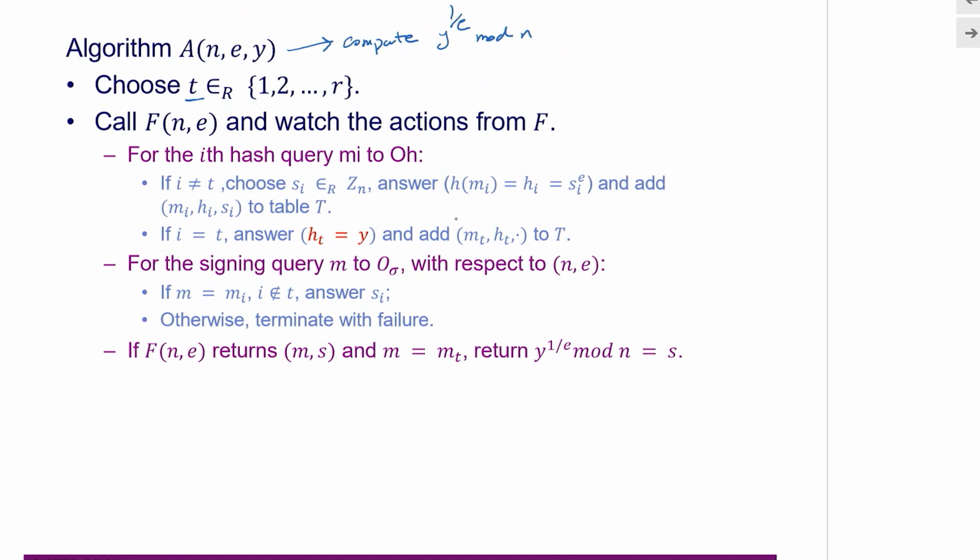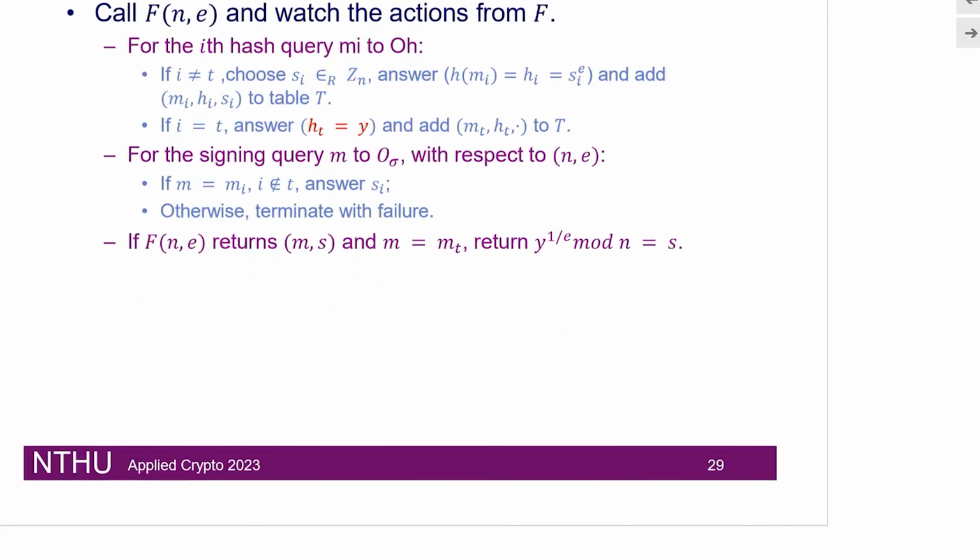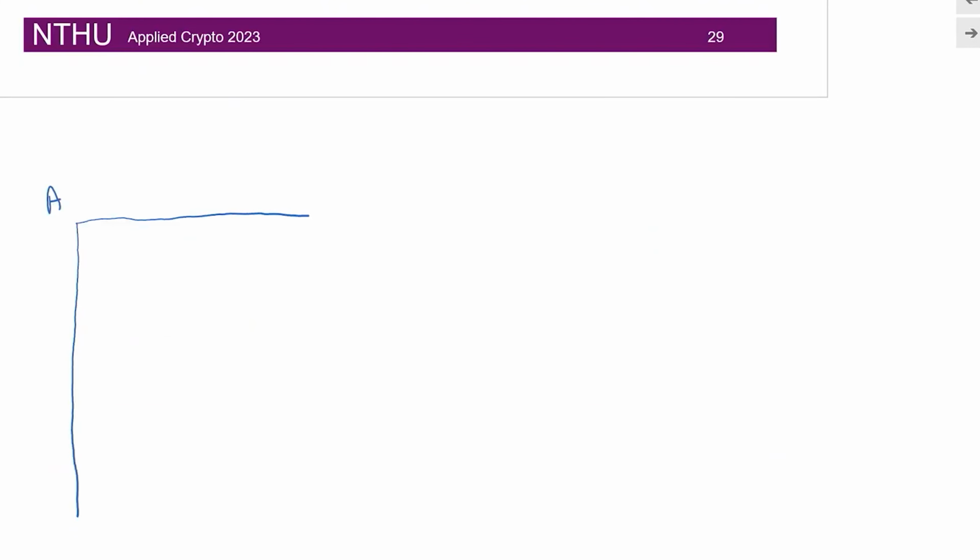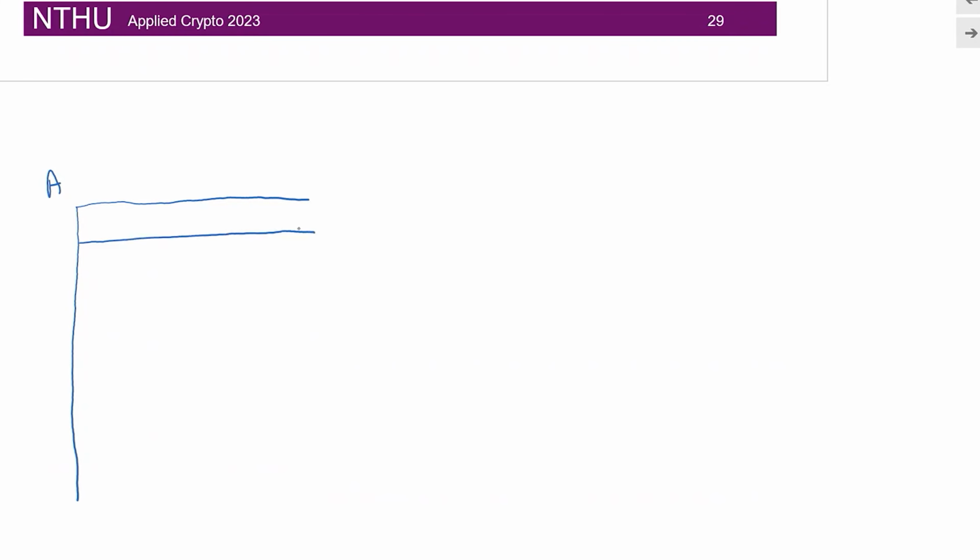The first thing that he does is, every time the forger makes a query to the hash function, he takes these two steps. So if the forger asks for, this is M, let me make it clear, this is hash of M.